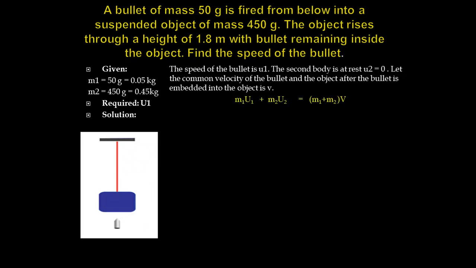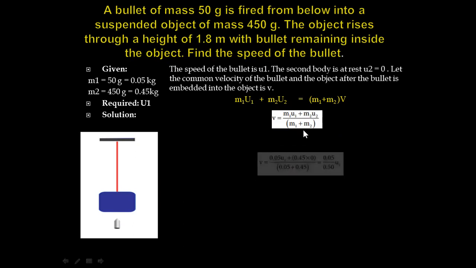If we proceed now with the law of conservation of momentum, we have m1u1 plus m2u2 is equal to the sum of both masses multiplied by the velocity v. If we rearrange the equation to solve for v, v is equal to m1u1 plus m2u2 all over the sum of both masses.